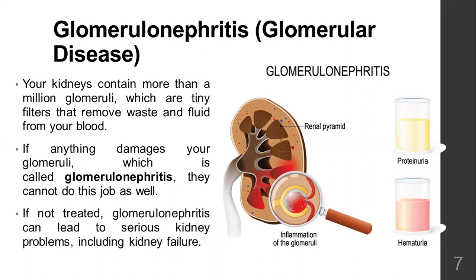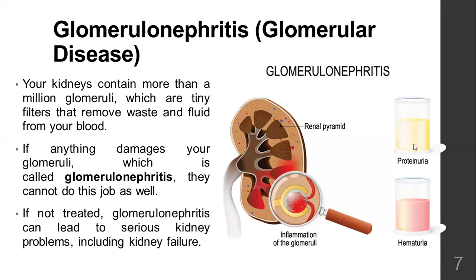One major sign that a person is suffering from glomerulonephritis is proteinuria and hematuria. What is proteinuria? The presence of protein in urine. What is hematuria? The presence of blood in urine.